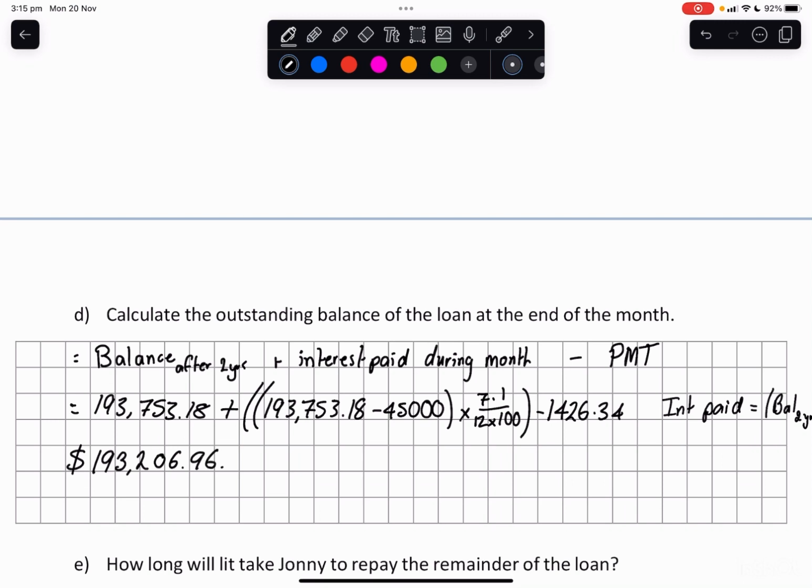So that is how much is owing at the end of the month, and that also becomes my PV for the remainder of the loan at this point in time.